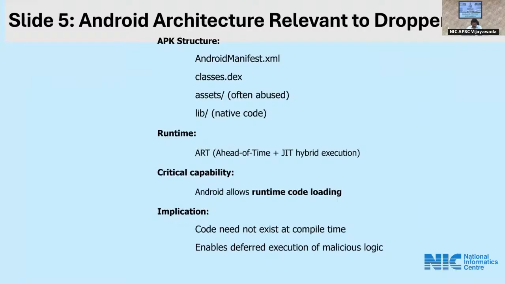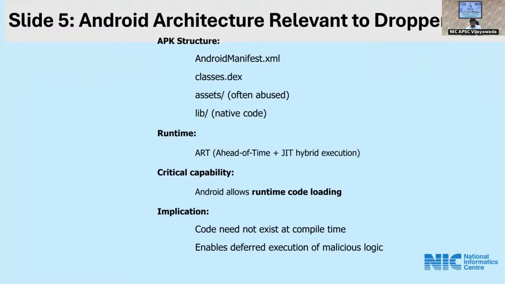This is the catch-all folder for arbitrary files. The app can read them at runtime. So whatever files we keep in this assets folder, the app can simply read. It doesn't need any extra permissions. That is the native behavior.